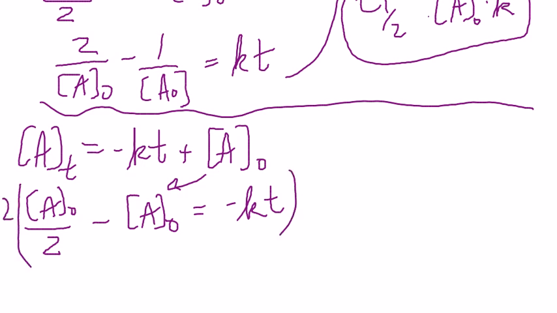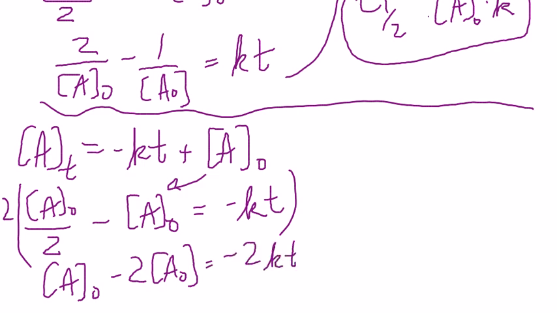Let's clear that 2 and multiply everything by 2, both sides. We get A naught minus 2A naught is equal to minus 2KT.